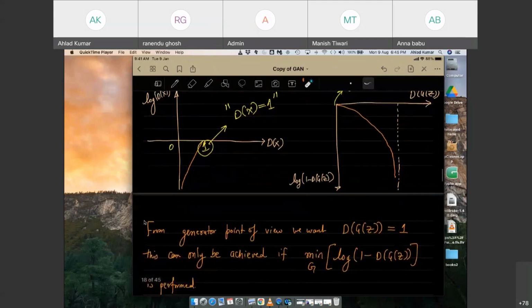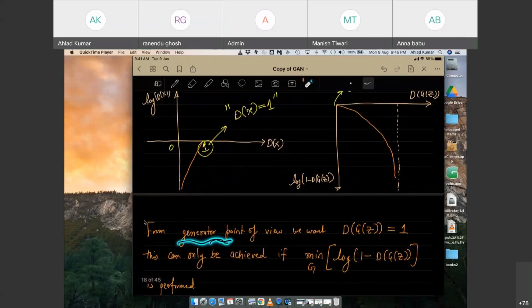Now, from the generator point of view, what do you want from the generator? You want that whatever samples you take from the generator, that is G of z, if it passes to the discriminator, it should not be able to detect it as a fake image. If it is not able to detect it as a fake image, it will detect it as a real image.